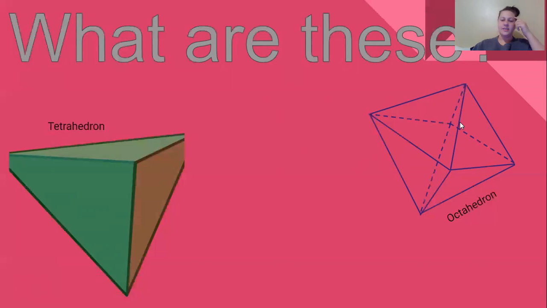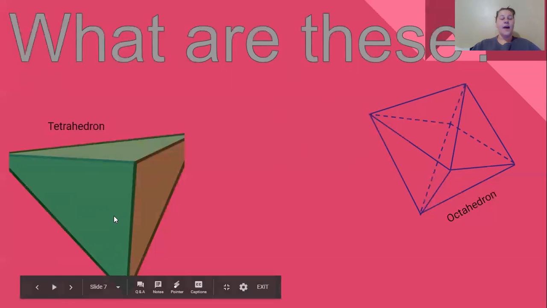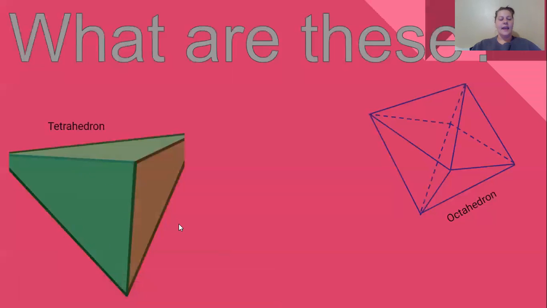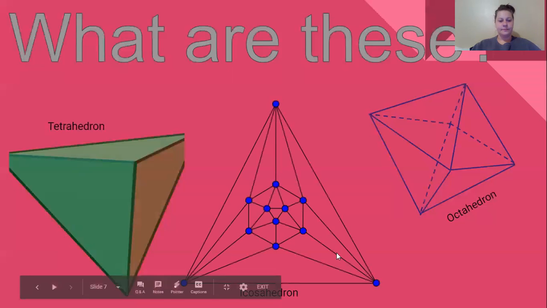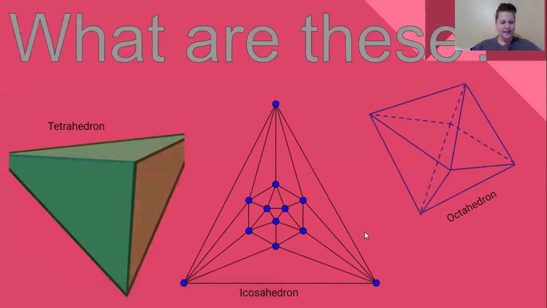An octahedron has 12 edges. Oh, and on the tetrahedron, we have 4 vertexes, and 1, 2, 3, 4, 5, 6 edges. Now this one is an icosahedron.